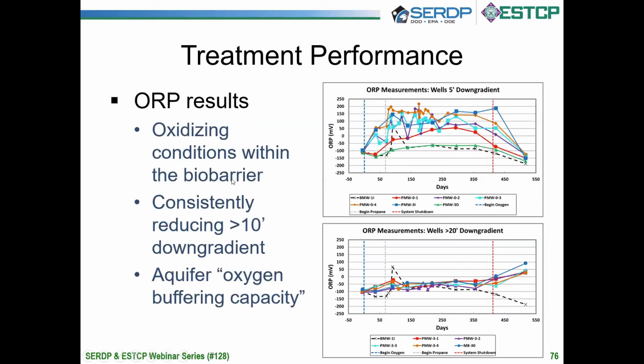But basically, we had to consistently add oxygen to keep conditions within the biobarrier optimal, and as soon as we stop adding oxygen, it would drop very quickly.